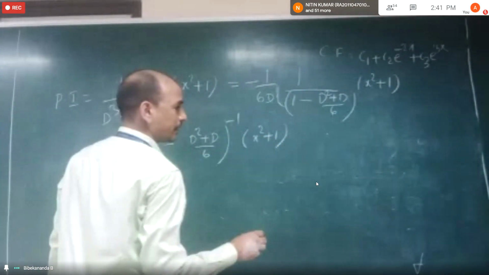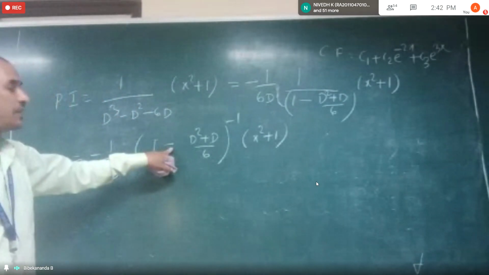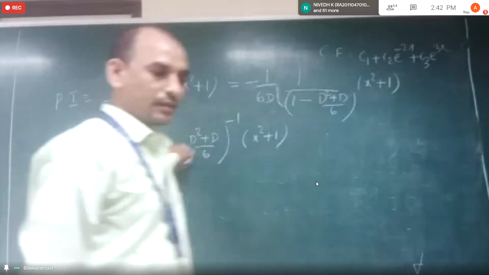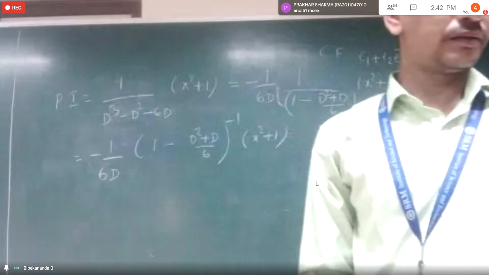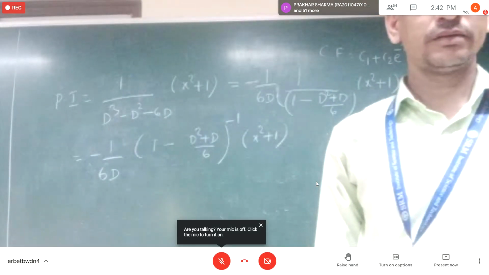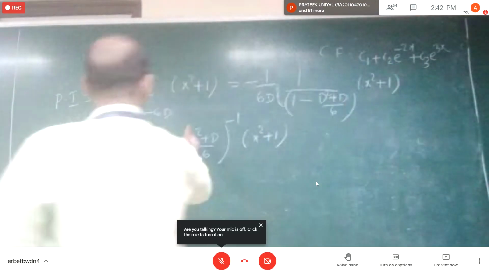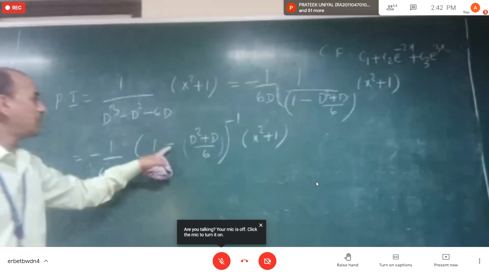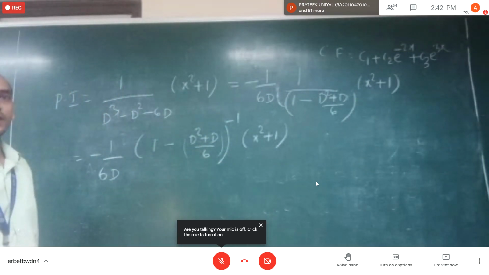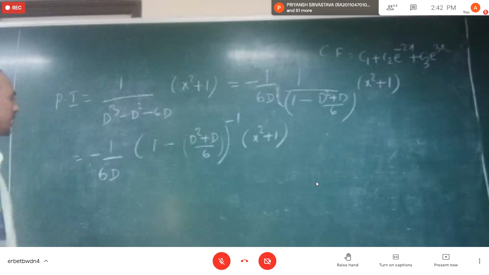1 plus x square plus x cube, and minus is there. 1 minus x is there. Here it is, x is this one, no? 1 minus is there, so 1 plus x plus x square plus x cube.